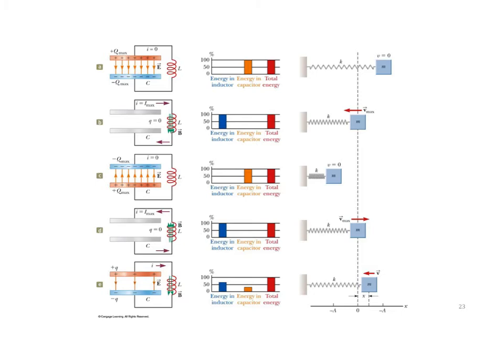What it looks like, and this is an image from your book, is at first we have all the energy stored in the electric field of this capacitor. Then as current starts to flow, we get energy transferring to the magnetic field of our inductor, back to the electric field but in the opposite direction, back to the magnetic field, again in the opposite direction, and back and forth like that.